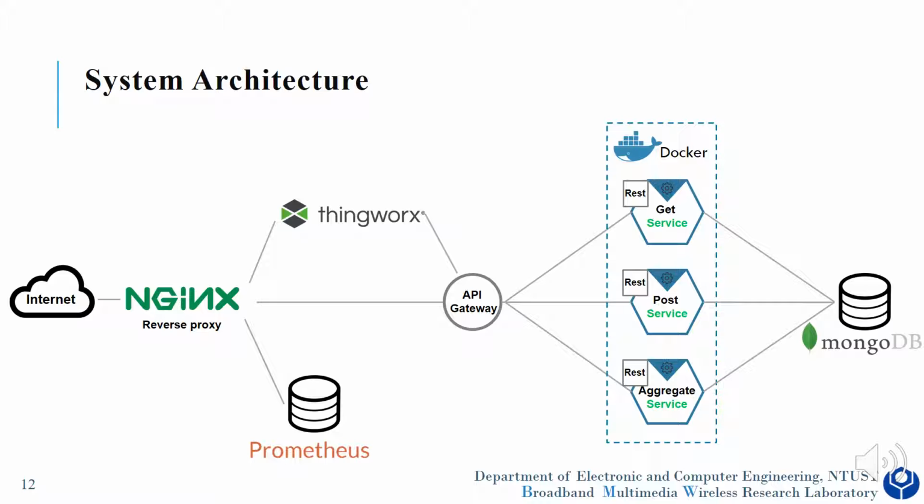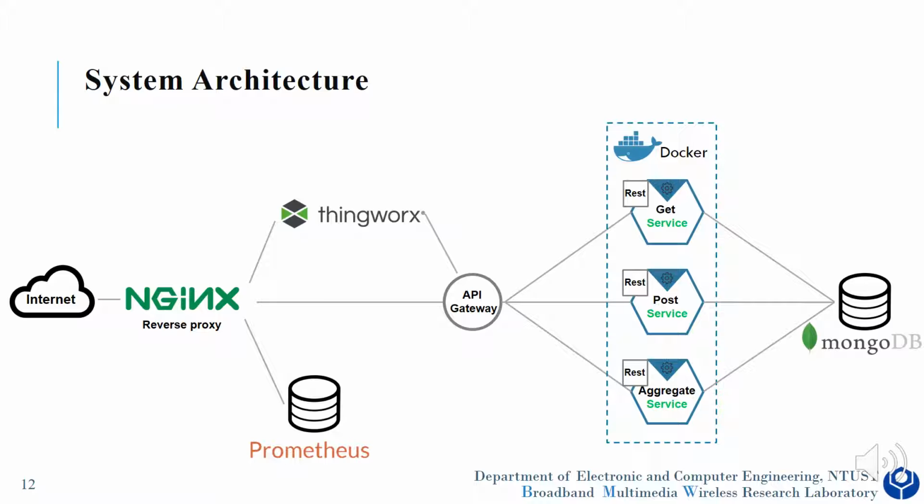Nginx, connected to the internet, retrieves the resource on behalf of the client, and Nginx behaves like a reverse proxy. It will forward the packets to either ThingWorx, Prometheus, or the API gateway.